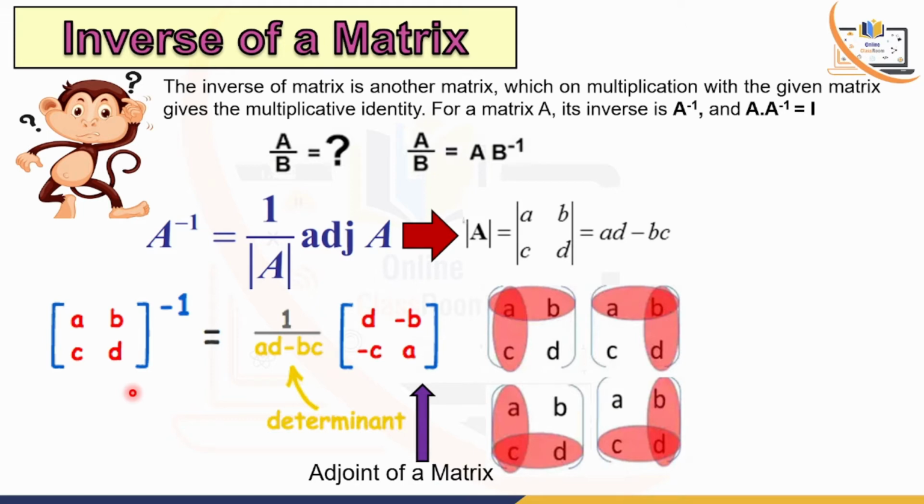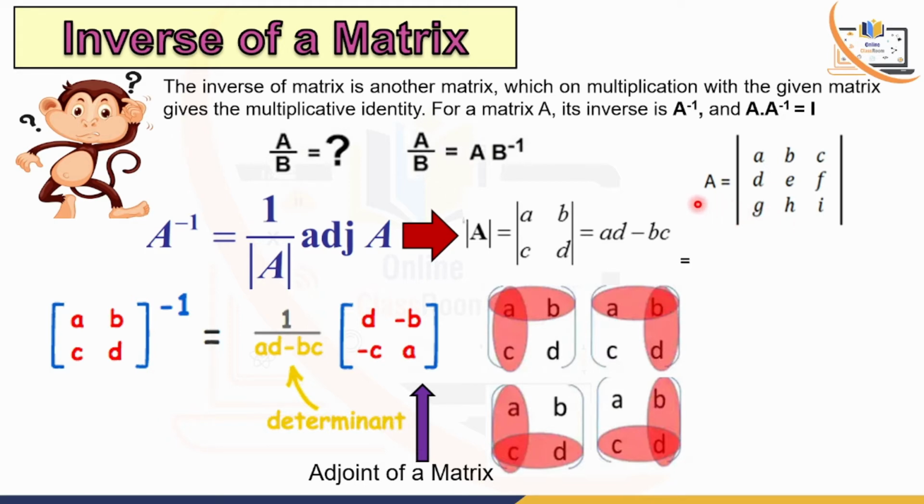Okay, now we move to the next portion, that is how we can evaluate the determinant of a 3 by 3 system. Look, suppose we have a matrix A with rows A, B, C, D, E, F, G, H, I, and we want to find the determinant value of the matrix.